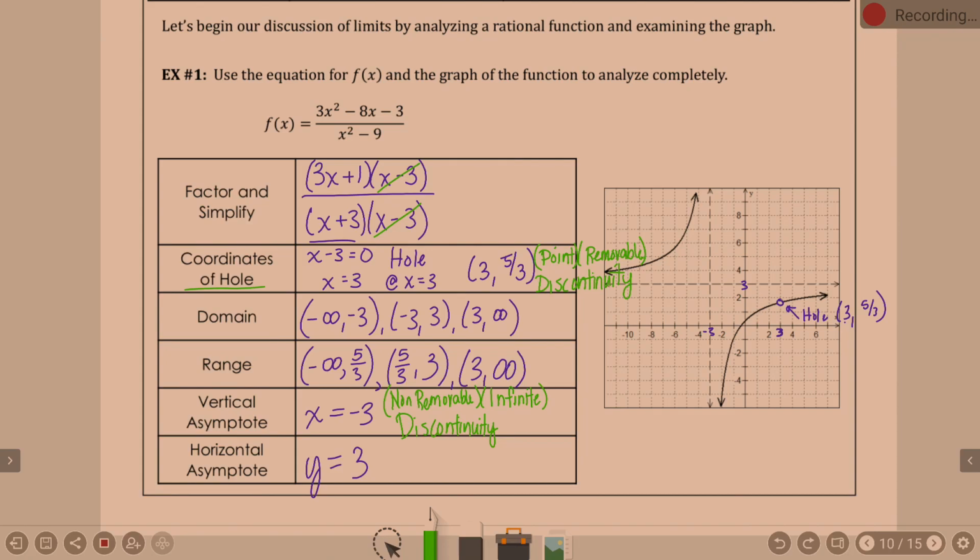My hint would be, to talk horizontal asymptote, I would come back here to the original equation. Take the bottom? No, that's your verticals. If we look, I'm not just talking about the bottom, I'm talking about the whole thing.